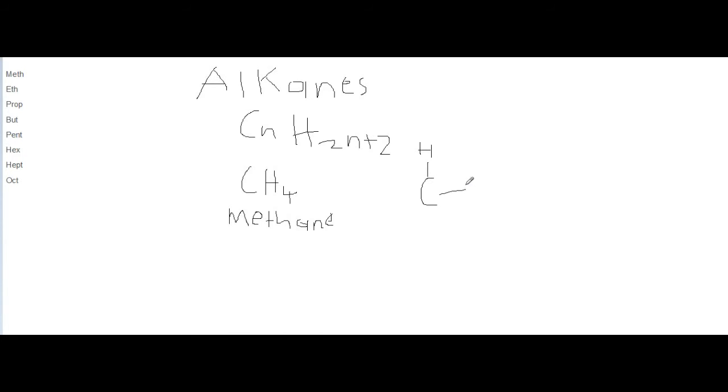Let's look at a few others. By the way, the structure of this alkane would be CH4 with the carbon in the middle and 4 hydrogens surrounding it. Let's look at another one called ethane.